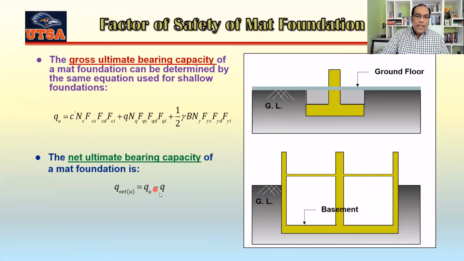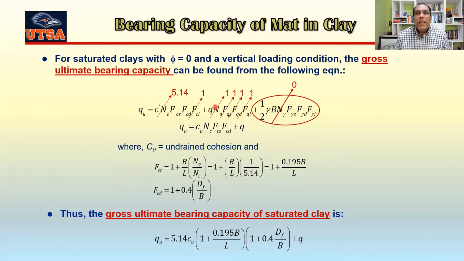So you are taking the weight of the soil there. This is the bearing capacity of a mat foundation in clay soil. For saturated clay, usually your phi equals 0. We already know that for sand your cohesion is 0, and for clay your phi equals 0.